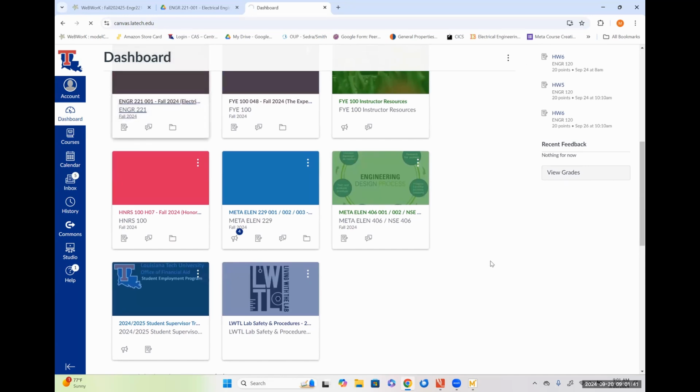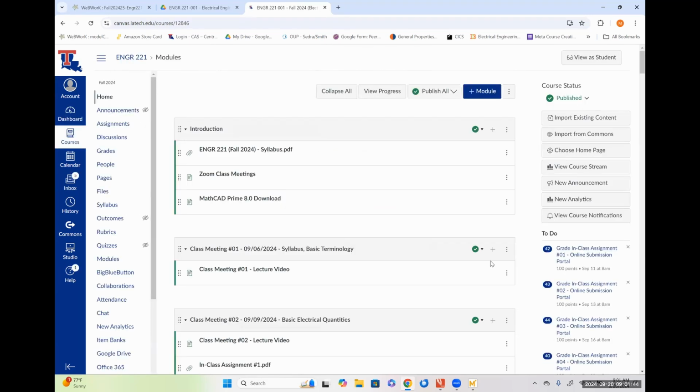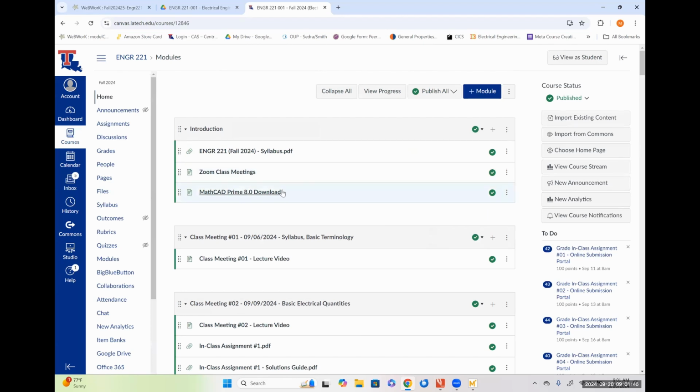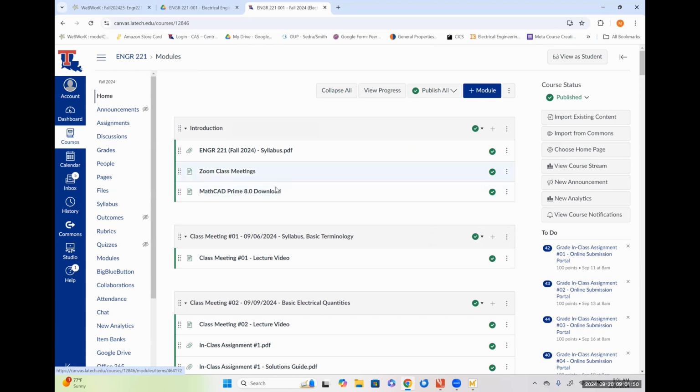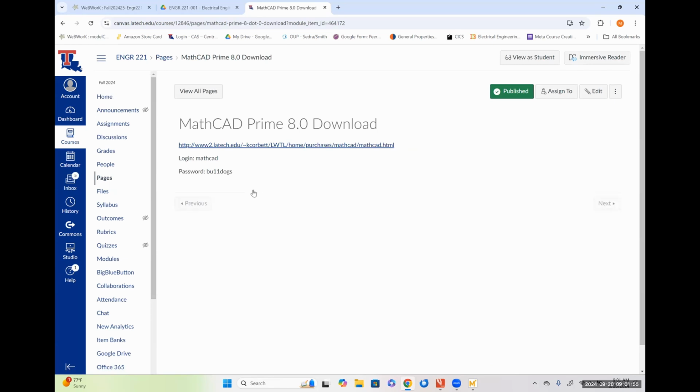Sorry, I teach too many classes. Right here in the introduction section of the Engineering 221 course page is instructions for downloading and installing MathCAD Prime 8.0. So you go to this website, here's the login, here's the password. There are instructions once you log into this thing that tell you what port to use and all of that kind of jazz. So at your leisure, if you don't already have MathCAD installed, go ahead and get it installed.